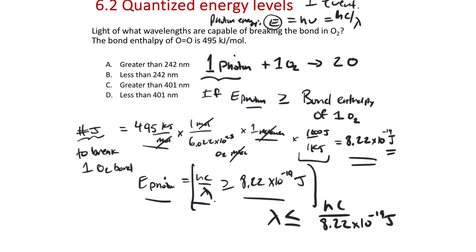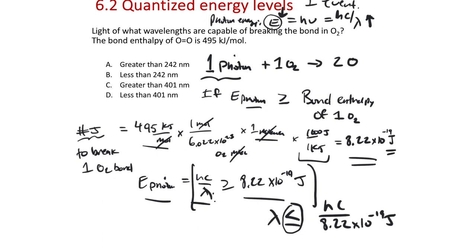And we can plug h in, we can plug c in, we should be able to solve for this wavelength, and we'll talk about the units in a minute. But the key is that we get this less than or equal sign, just from the cross multiplication of lambda to the other side of the equation. Now, also we might remember that if you go to a higher wavelength, you go to a lower energy. So if you increase the wavelength, you decrease the energy of the photon.